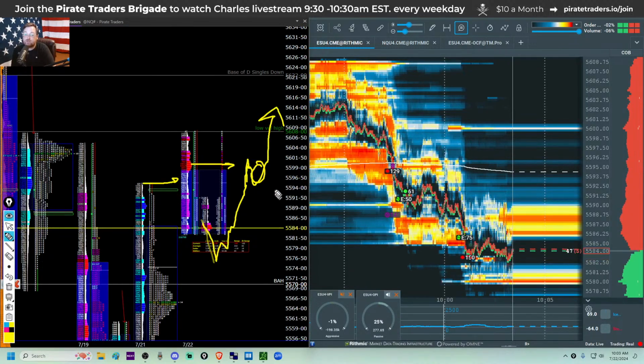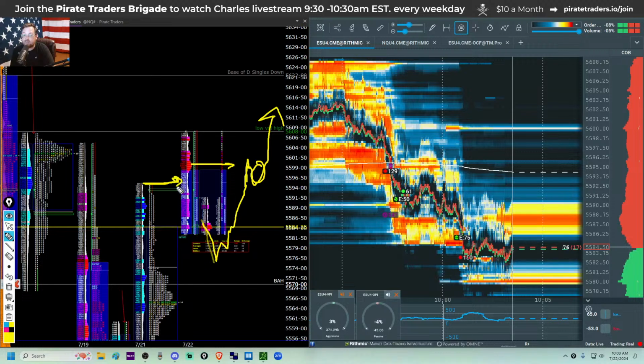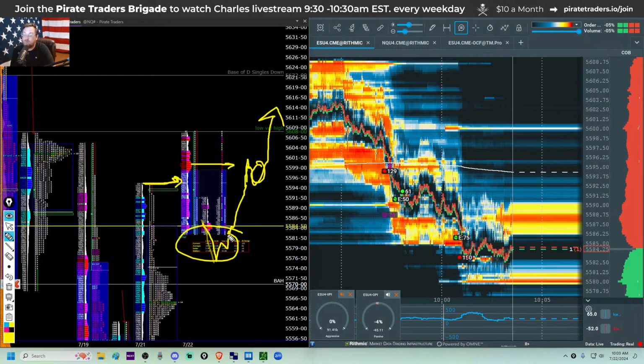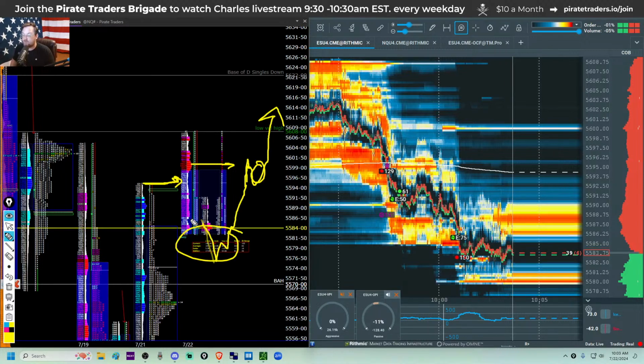Now, if I choose to wait for confirmation that we've made a low and then buy support, it's going to be way less effort. I can just sit back, relax, let the market chop sideways inside the overnight range and wait until my opportunity comes.